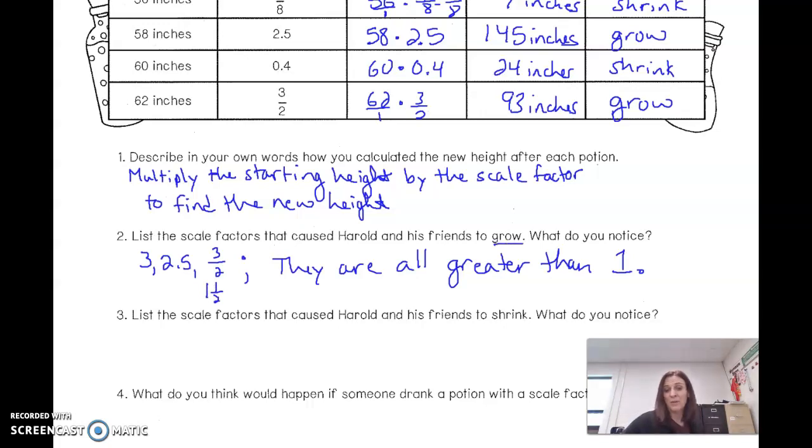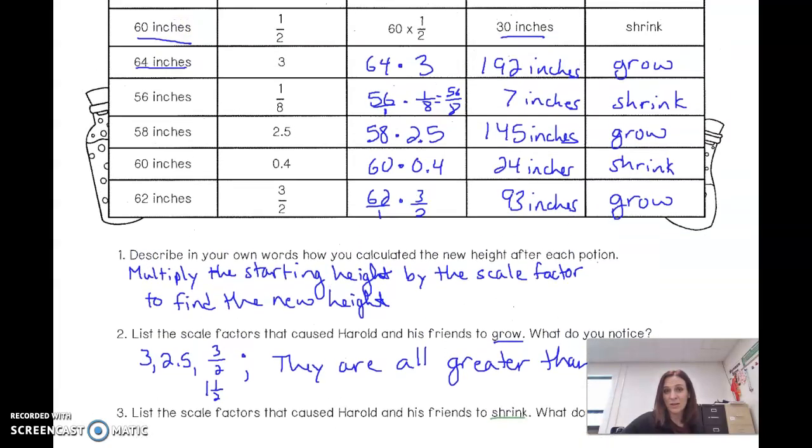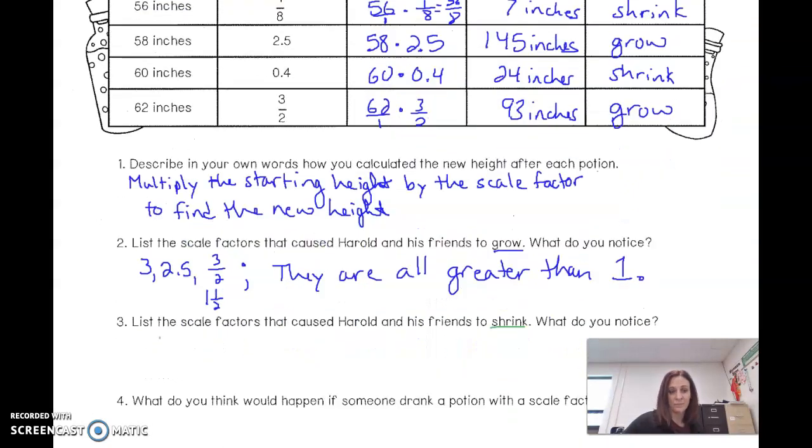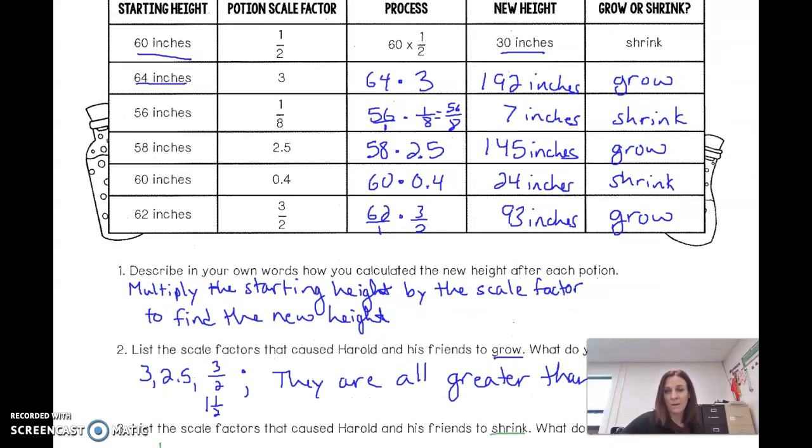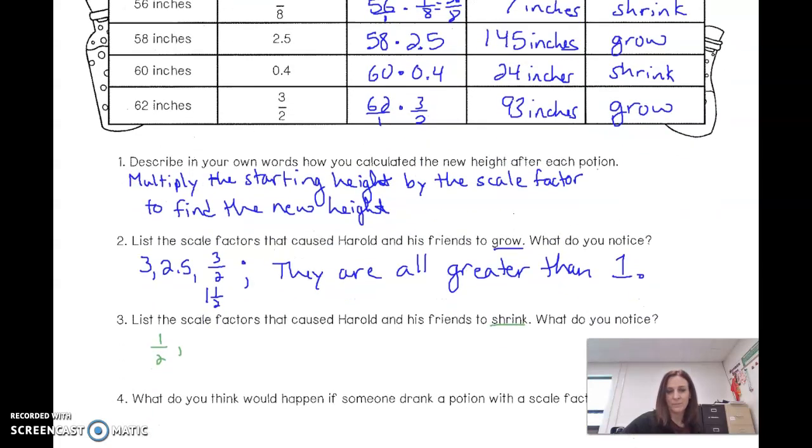Now it says list the scale factors that caused Harold and his friends to shrink. So the ones that shrank were 1/2, 1/8, and 0.4.